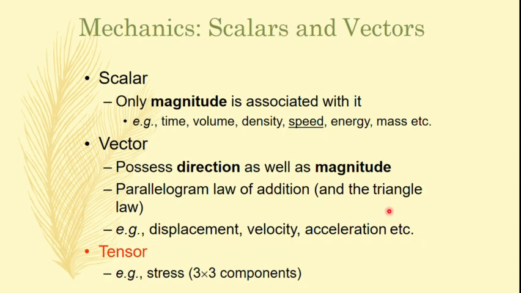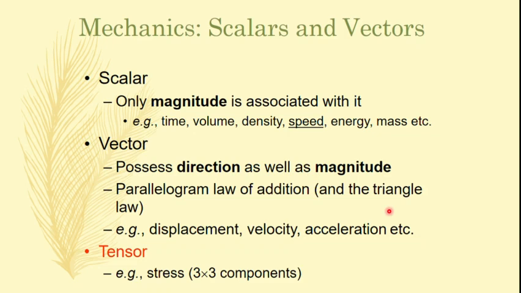Now, if I again ask you, how can I go to your house from your college location? And then, if you say just walk 3 kilometers, then this information is not sufficient to answer my question. Some more information is required about the direction. Then, if you say just walk 3 kilometers due north, then your information is okay.